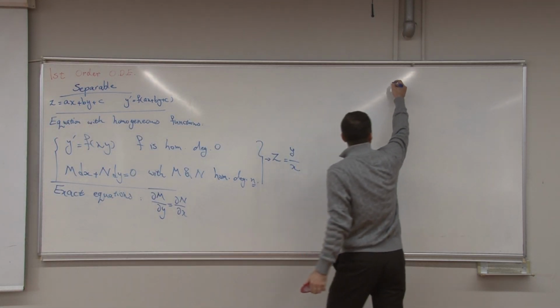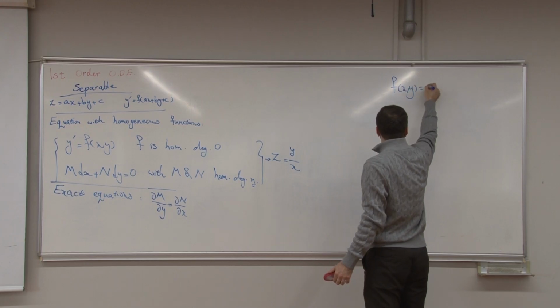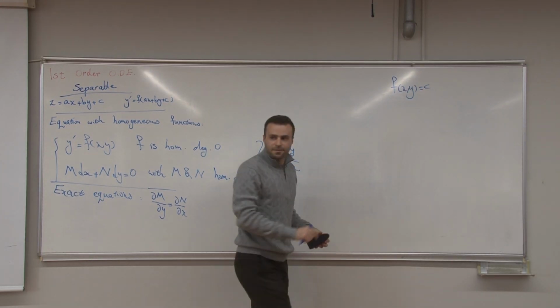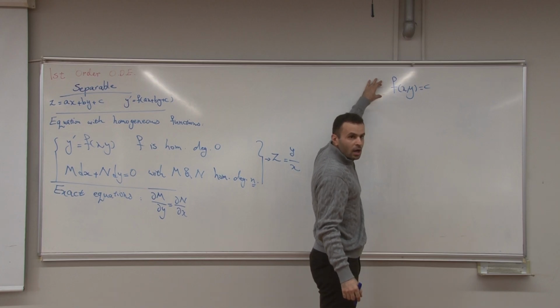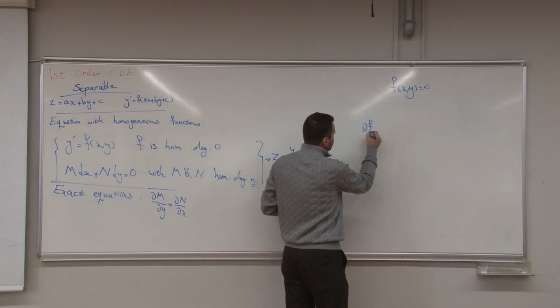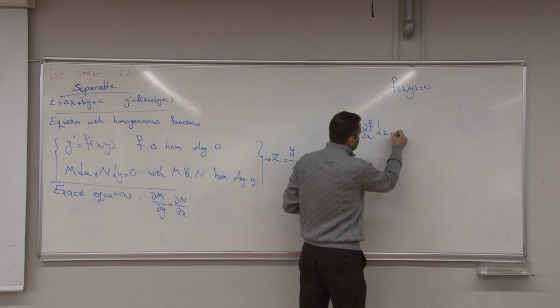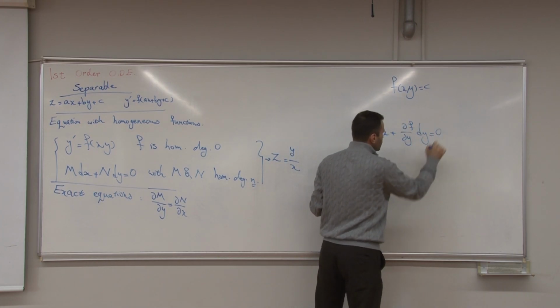Why? Because this is the big picture, right? If we have the level curve of a function like this, our exact equation was coming like that. Partial f over partial x dx plus partial f over partial y dy equal to 0.